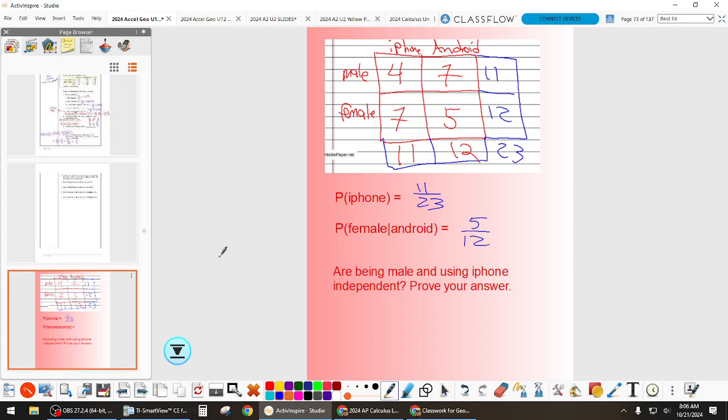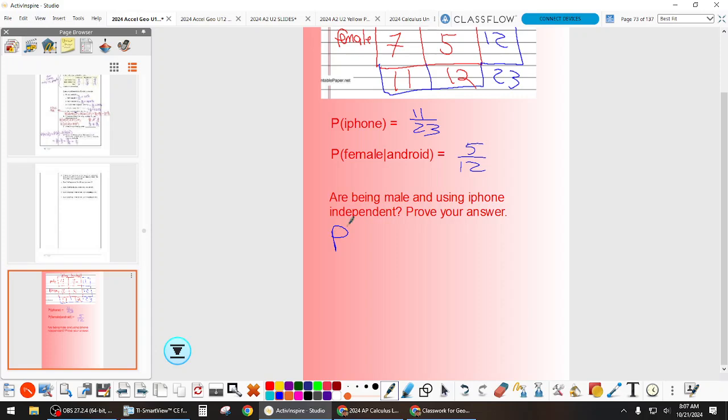Are being male and using iPhone independent? I'm seeing some nods. Jorge, how do we check for independence? Pretty sure we multiply by probability A and B. Here's one of the versions. What do I put here?